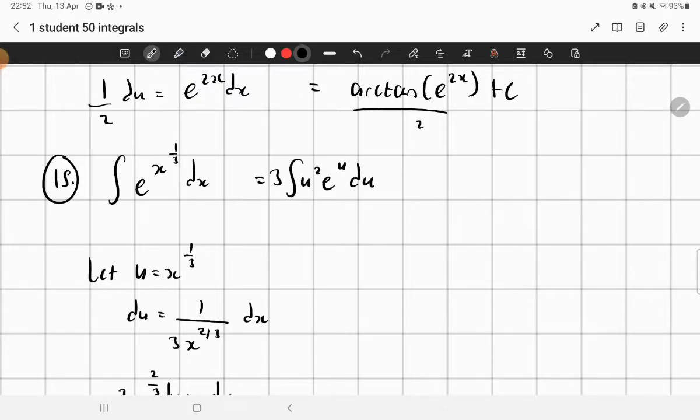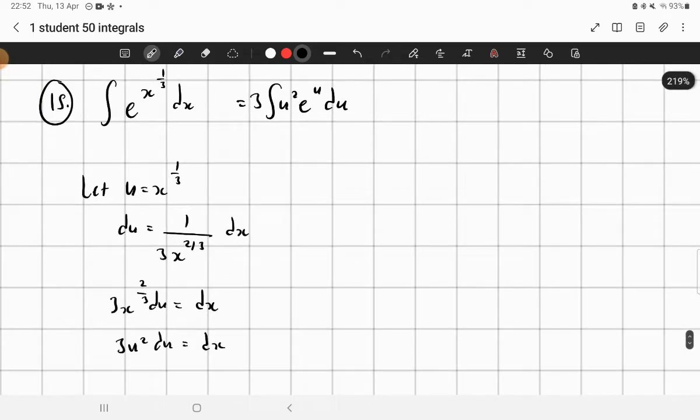So this is very nice, and I'll be using the tabular method just to save time. D will be differentiate, I is integrate. The term that we differentiate will be u squared, obviously, and the integral part will be e to the power of u.